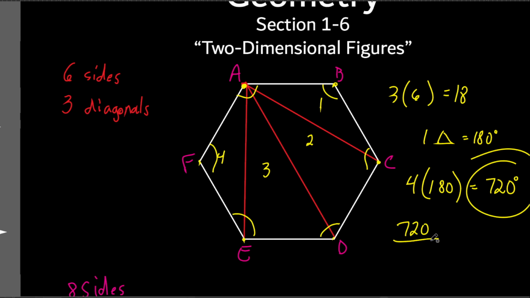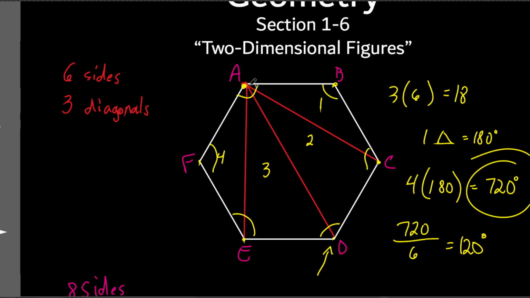And they're all exactly the same. So if I divide it evenly by 6, that should tell me what each of these angles actually is. So what's 720 divided by 6? Well, what's 72 divided by 6? That's 12. And then you do what? Stick a 0 on the end. So that means that every single one of these angles is 120 degrees.